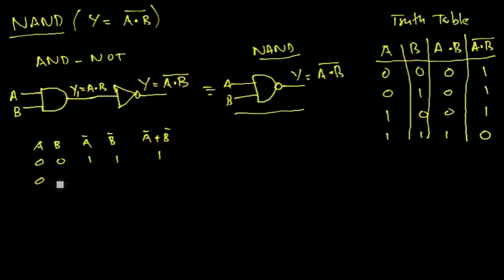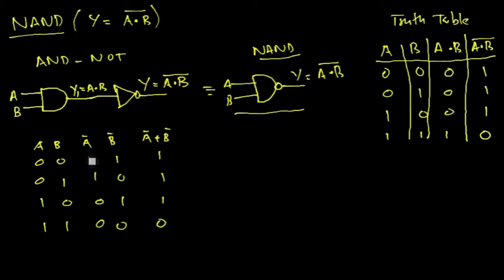When A is 0, B is 1, A complement is 1, B complement is 0, then A complement or B complement will be 1. When A is 1, B is 0, then A complement will be 0, B complement will be 1, so A complement or B complement will be 1. When A is 1, B is 1, then A complement will be 0, B complement will be 0, so A complement or B complement will be 0.